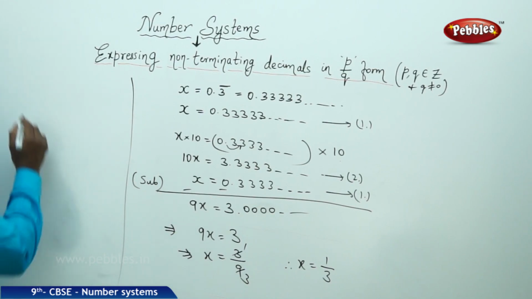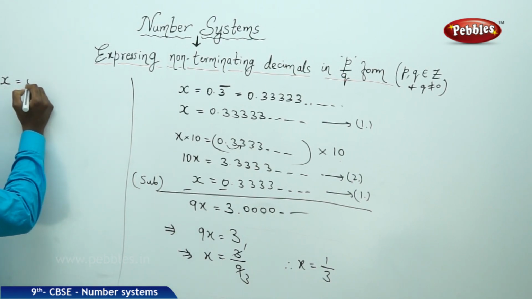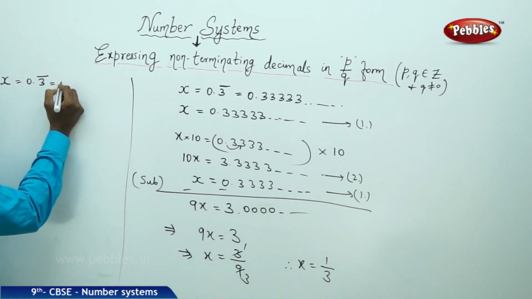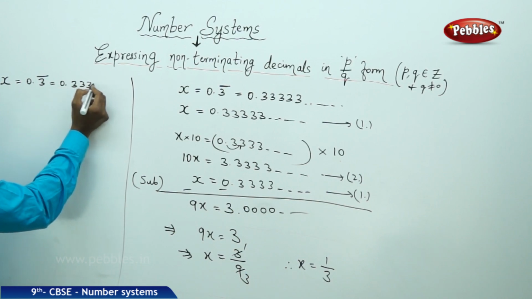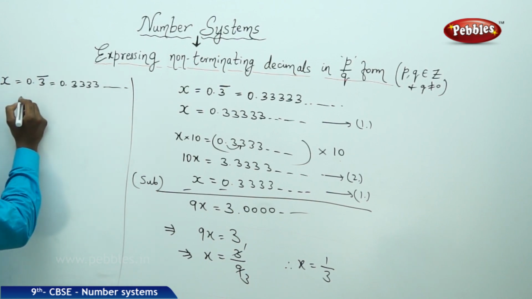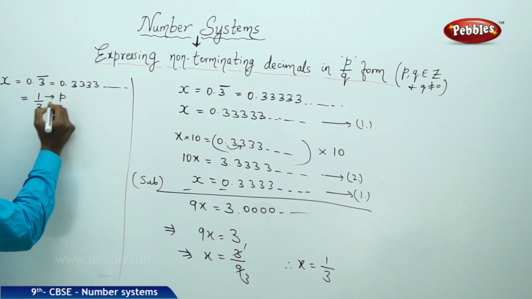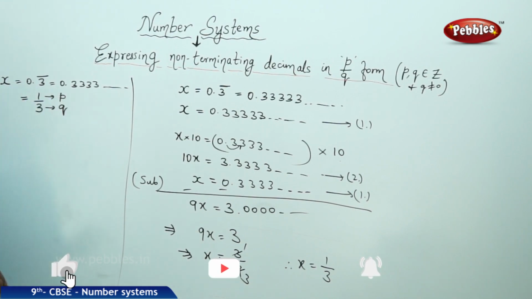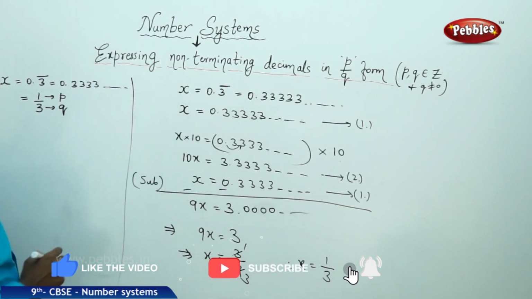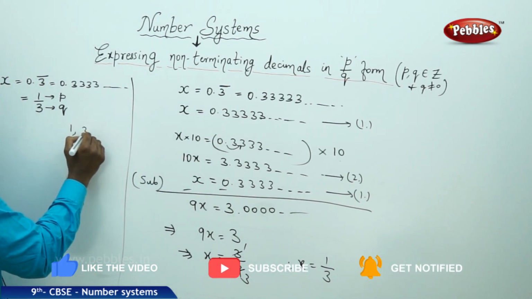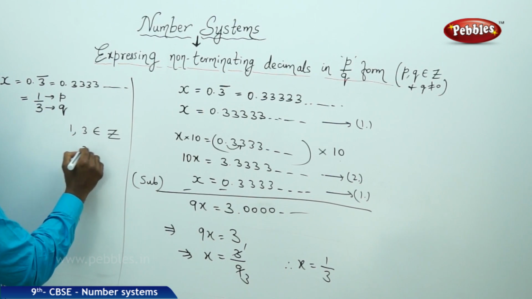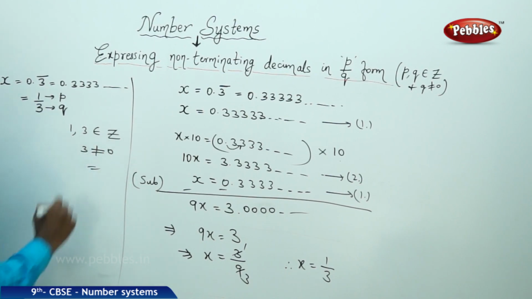So I finally understand that x, which was 0.333 until infinity, can be expressed in the form p by q with p being 1 and q being 3, where both p and q belong to Z and q is not equal to 0.